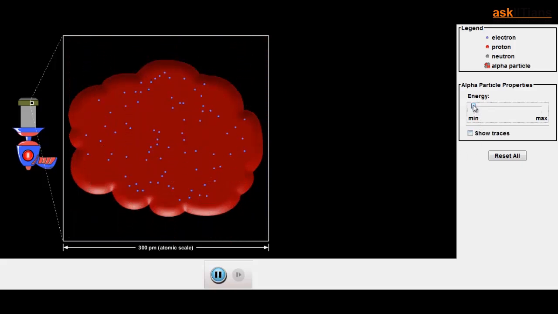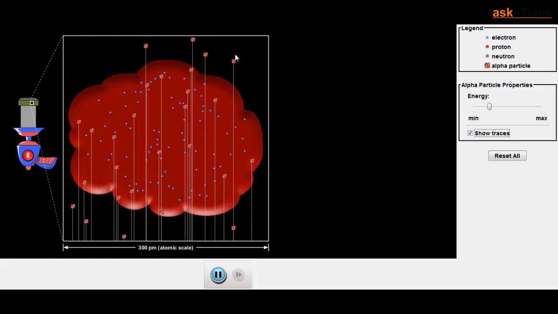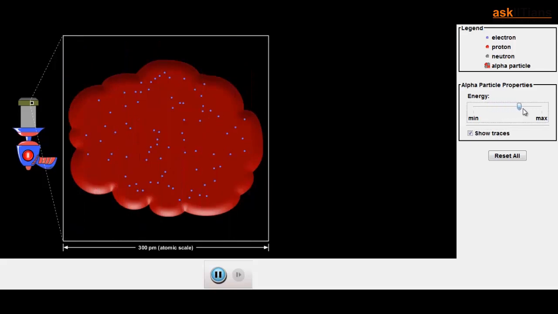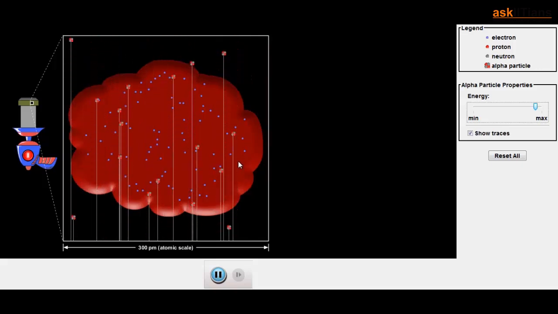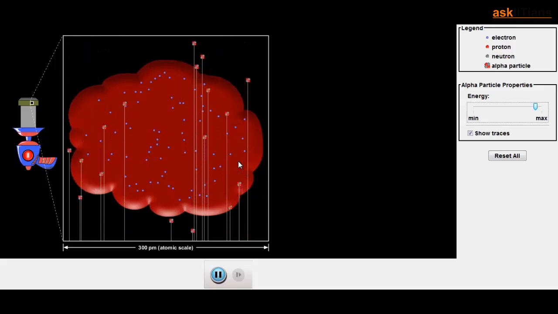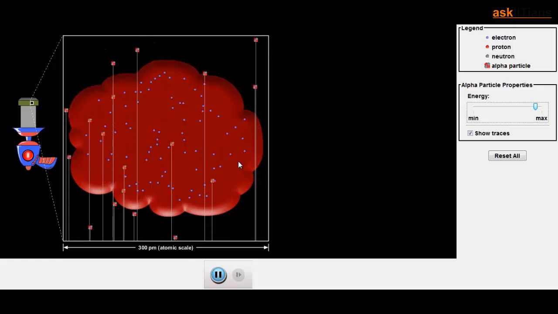Now I'm increasing the energy of the alpha particles, and I can also use this beautiful property of showing the traces, so I know the path of each alpha particle. If I increase the energy, I can see they are moving faster. What I observe is that they're barely getting deflected or moved away. This is purely according to the model. This is not reality, to be frank, because we know the atom doesn't exist like this.